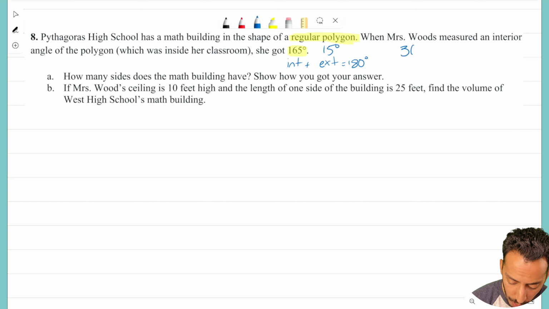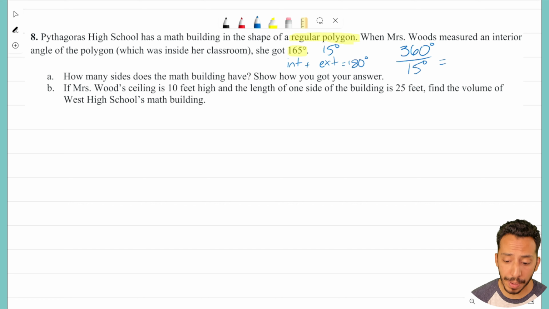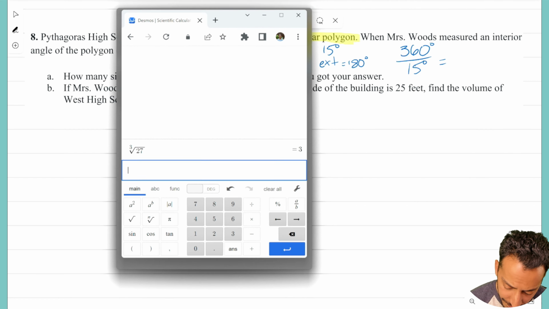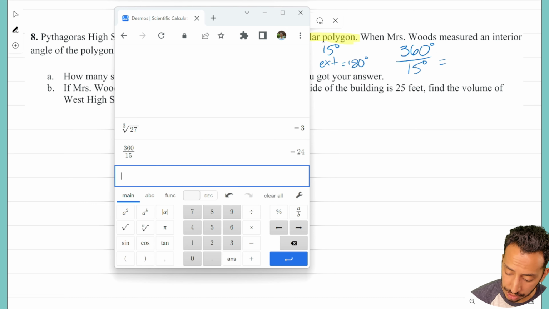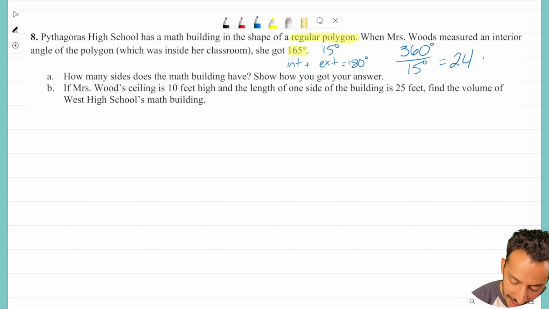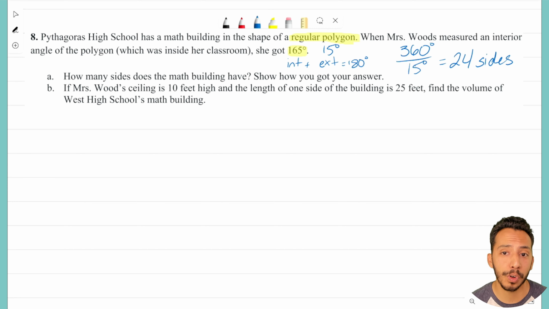And since I know that every exterior angle on the outside of this building is 15 degrees, I can take 360 divided by 15 degrees, and I learned that there are actually 24 sides to this math building. That is our answer for question A. There are 24 sides to this math building using the exterior angles.